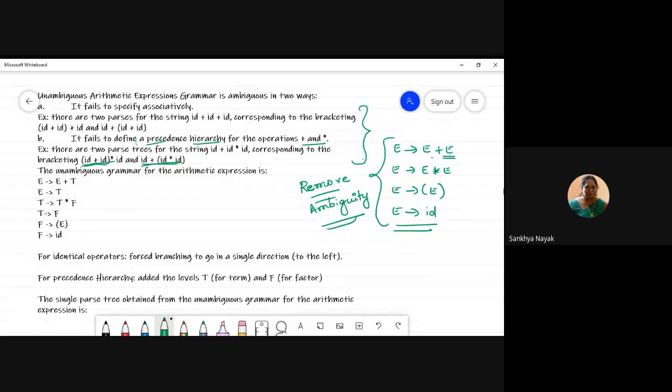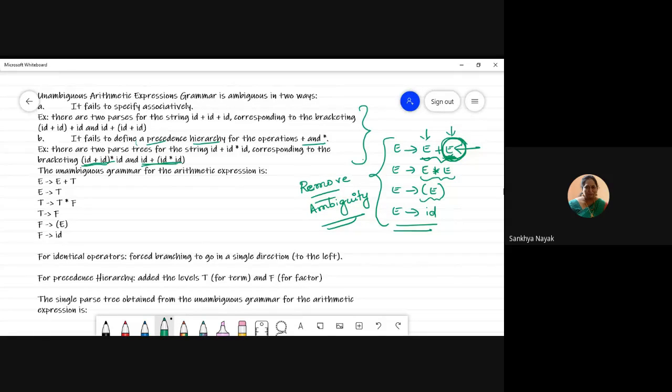We introduced a second symbol, right? Wherever we had recursion on both left and right, we chose to remove one. We removed the right side recursion by introducing a different symbol in its place. So that's what we have done here.